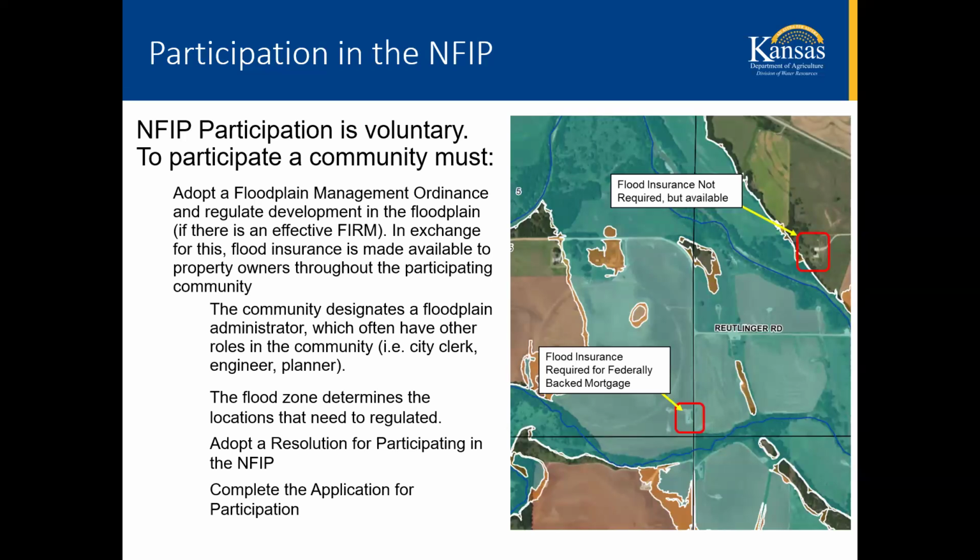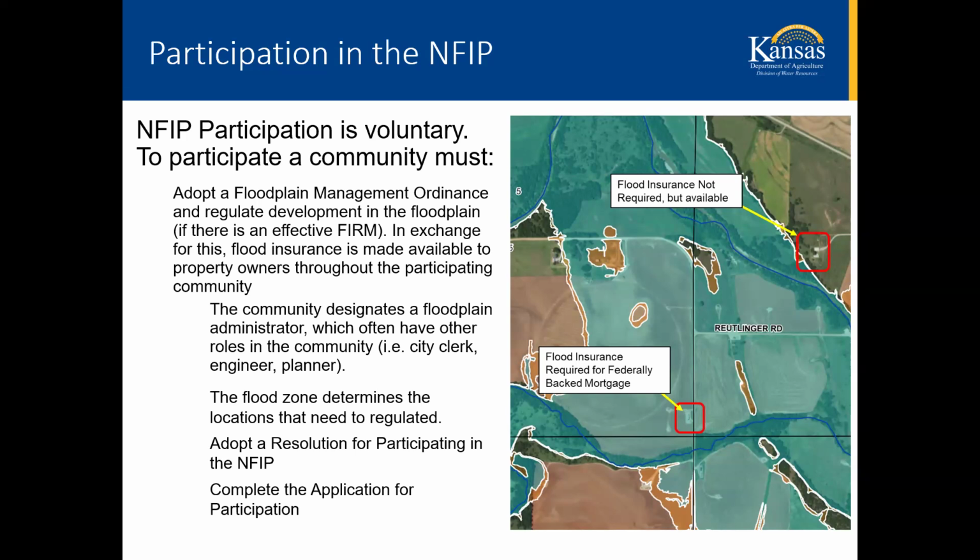There's also a resolution of intent to participate in the program, which basically acknowledges that you have these areas of flood risk and that you wish to participate in the program. It's a very simple process. The actual floodplain ordinance is a little bit longer process, but I work with communities all the time to go through that and adopt the ordinance.